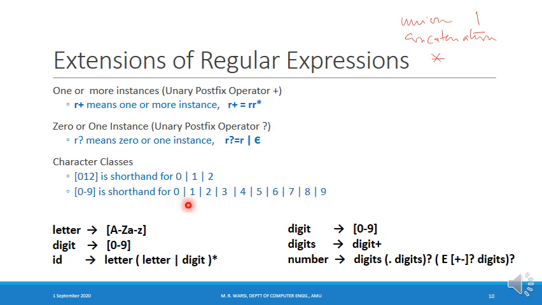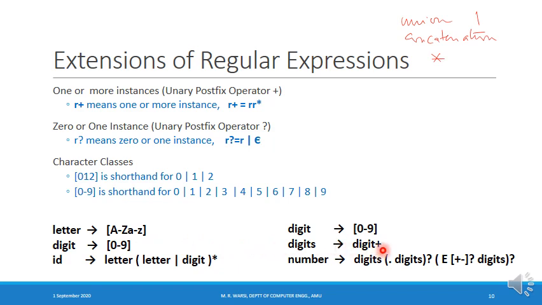If I use these extensions of regular expression and apply them to the regular expressions that we covered earlier in the lecture, they will become like this. The letter will become like this. Here I am using the character class. Digit will become like this. Here also I am using the character class. In the specification of digits, I am using the plus operator.